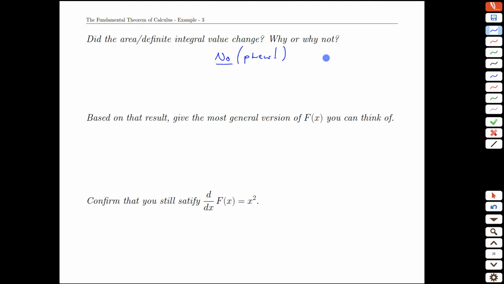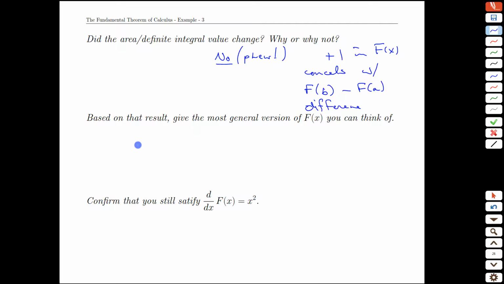Why or why not? Because that plus 1 cancels with the F of b minus F of a difference. So the plus 1 in our function ends up being added and subtracted.